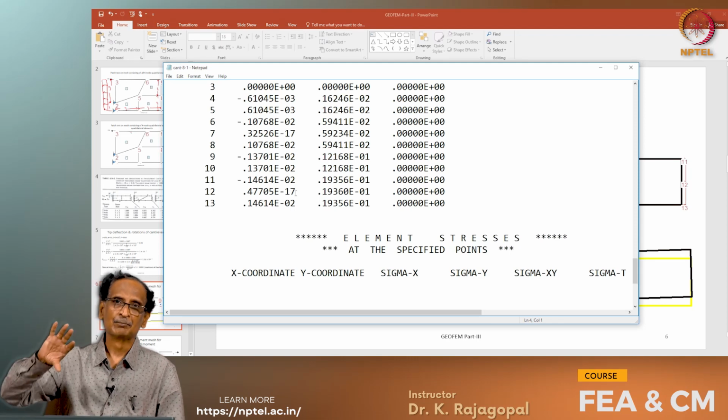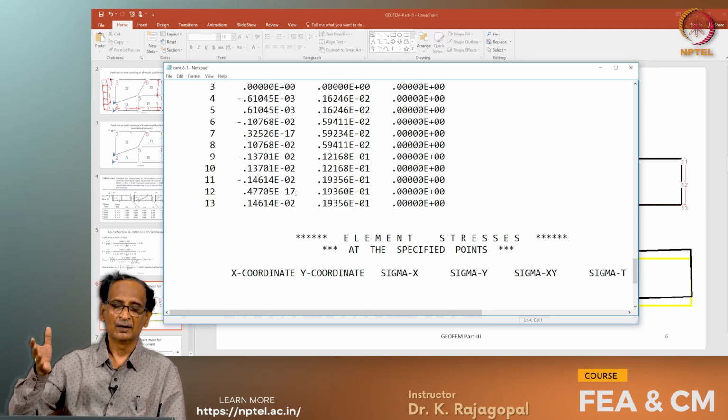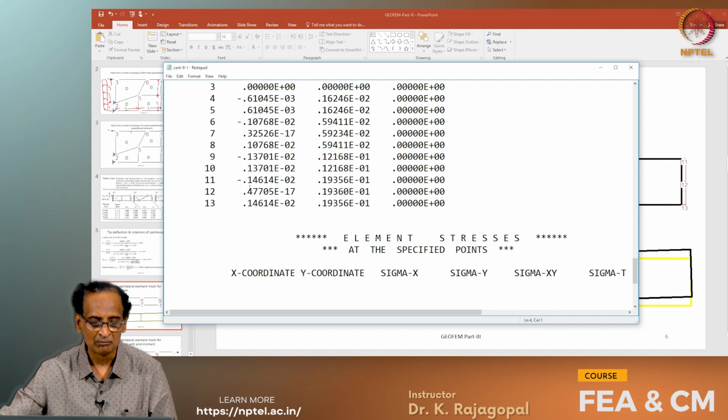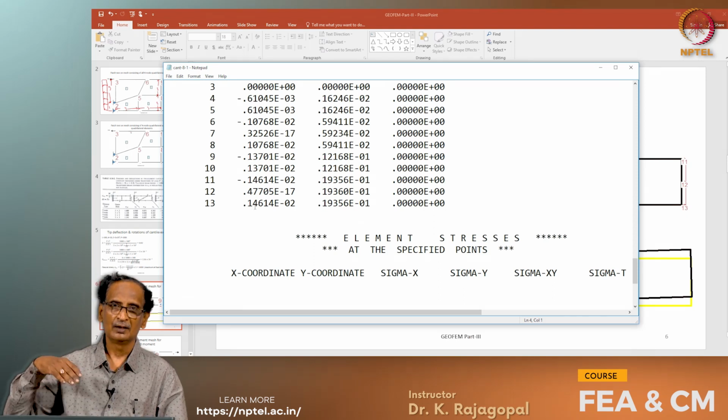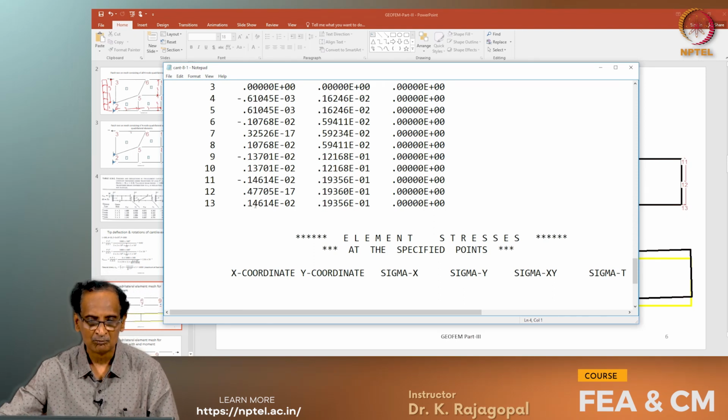So, that means that it has undergone a pure flexural type deformation, and the upper surface has deformed to the left by 0.0014, and the lower surface has deformed to the right by the same amount, 0.0014. So, the total is 0.0028.